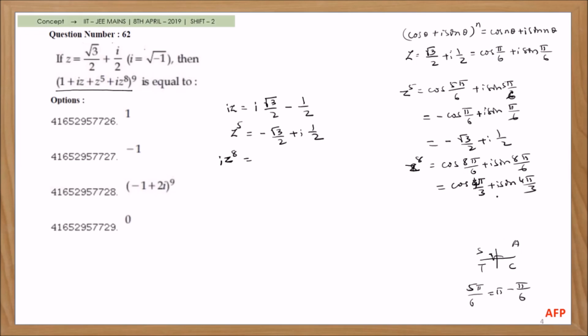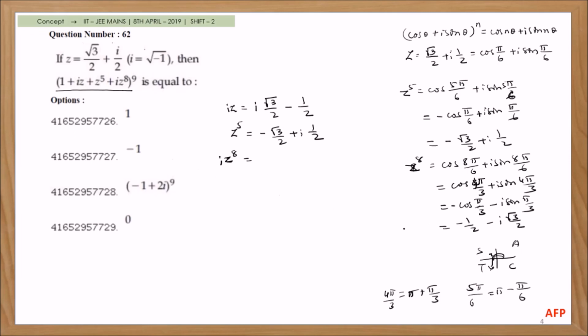Again here 4 pi by 3 you can write it as pi plus pi by 3. Pi plus pi by 3 is in the third quadrant. In the third quadrant cos is negative pi by 3 and sine is also negative pi by 3. So minus 1 by 2 minus i root 3 by 2.